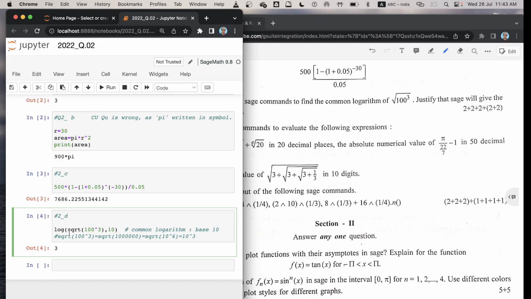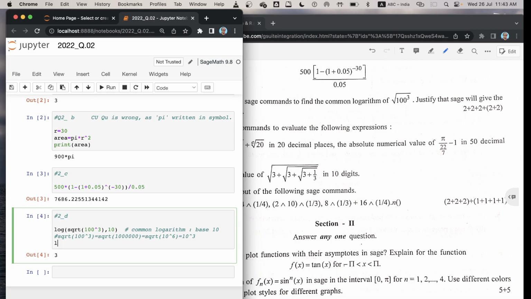So log to the base 10 of 10 to the power 3 equals 3. So log(10^3, 10), to the base 10, gives 3.